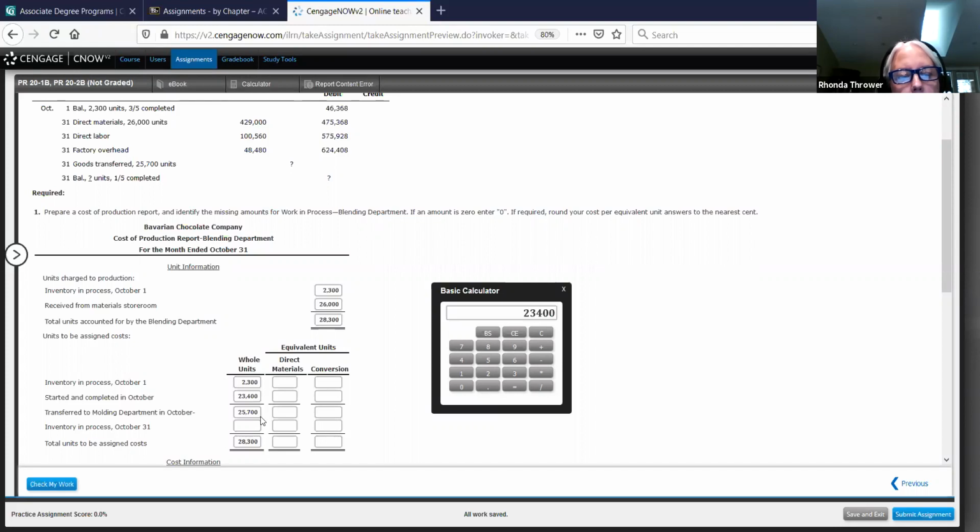If we know the units that we transferred out of the work in process, and we know the total units to be assigned cost, which are the total units that we've accounted for for this period of time, the difference between these two will give you the ending inventory units.